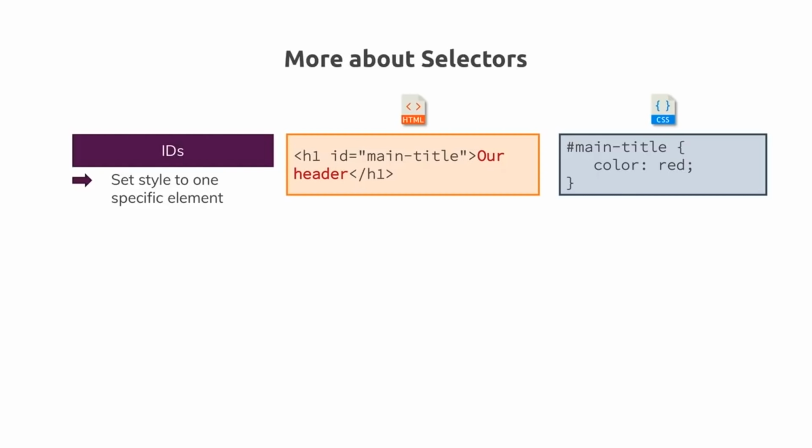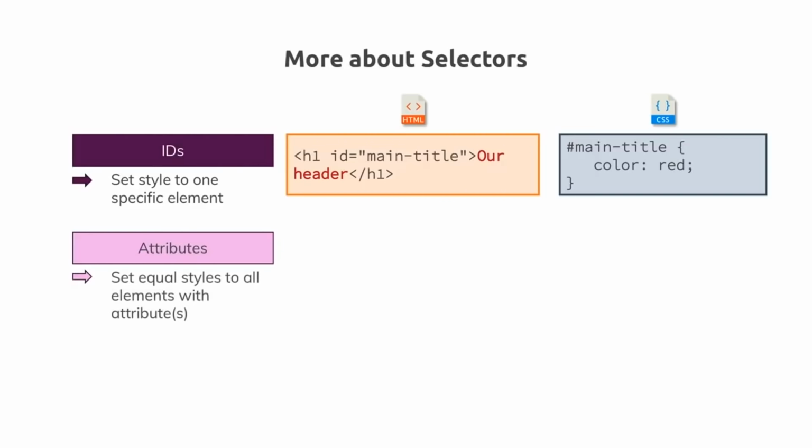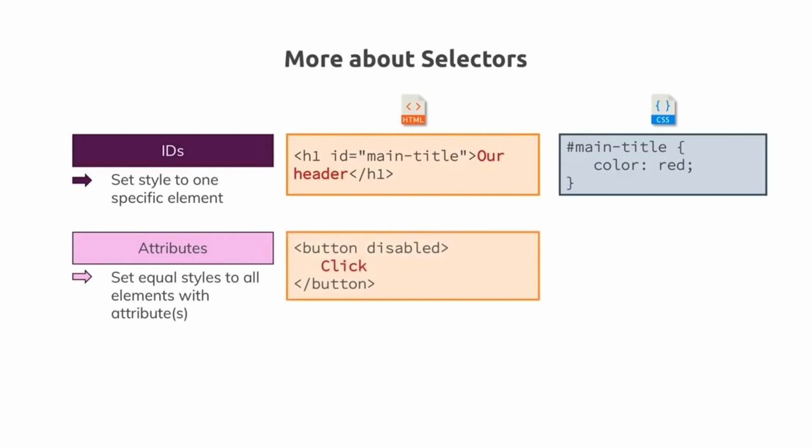Now, the last type of main selectors you have are attribute selectors. There you select HTML elements by the attribute they have, and this again can select multiple elements, unlike the ID selector, which only selected one. Here, you set the equal style to all elements with the same attributes. In HTML, here we would have a button with the disabled attribute, a standard HTML button attribute you can set.